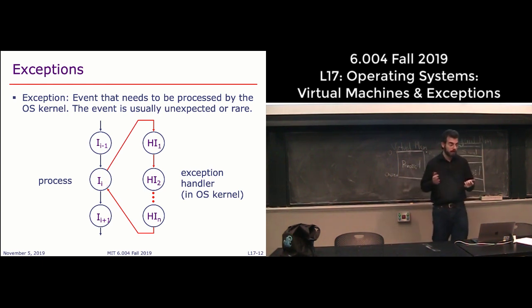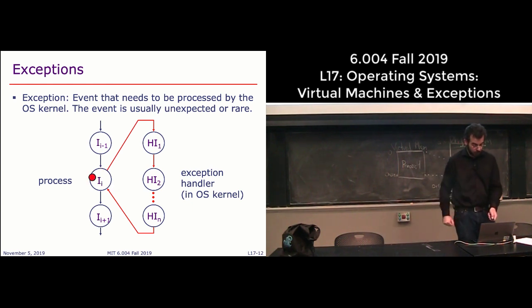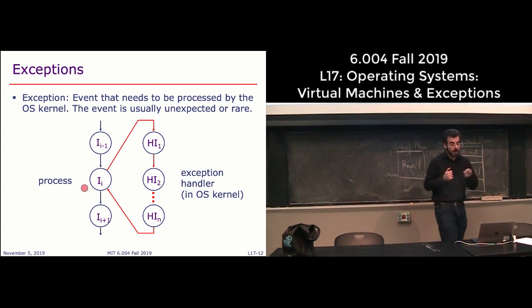If this is some external event, we return control to this instruction because this instruction had nothing to do with the event that we needed to handle. Sometimes this instruction will do something that is not correct, but the operating system will fix things and either go back to this instruction or go to the next instruction.